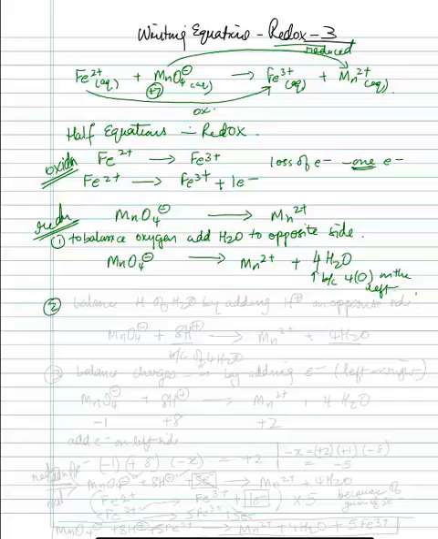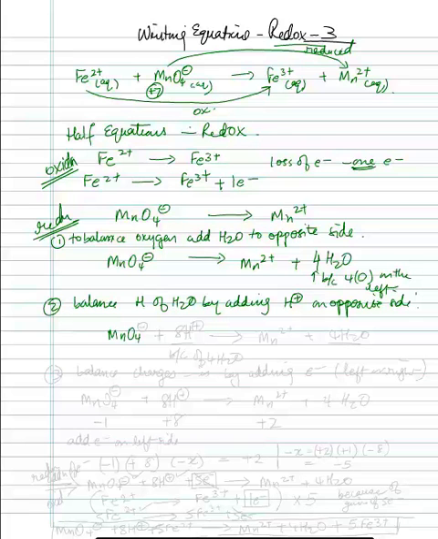The next thing that I have to do now is balance the H of H2O by adding H+ on the opposite side. So now I write my equation again.